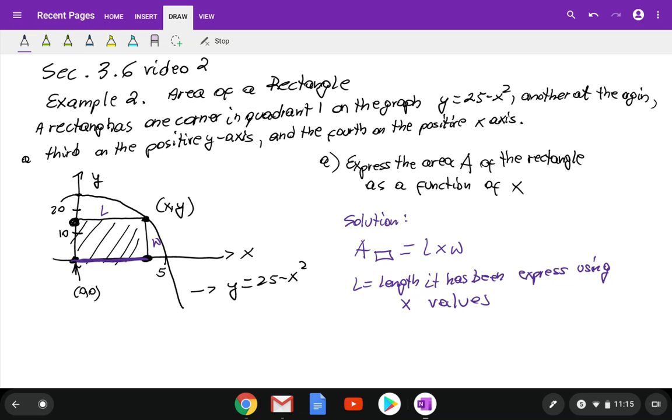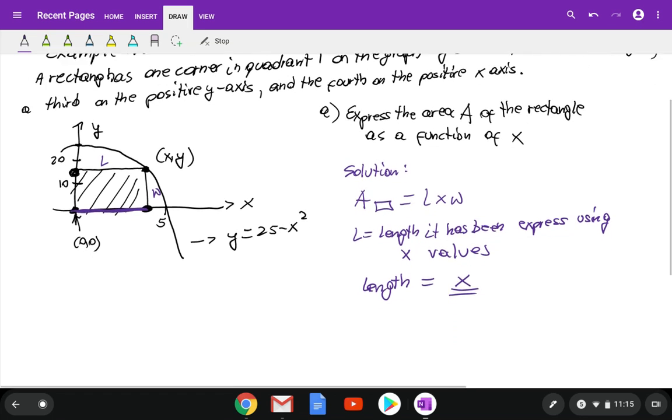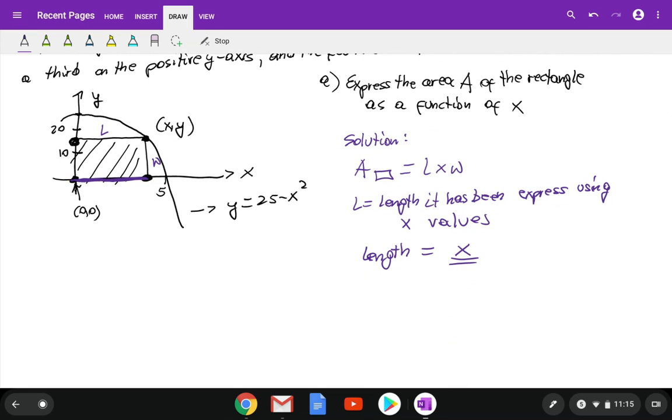So for length, we're going to use x. Okay, this is length.